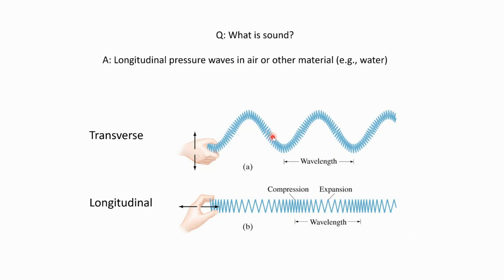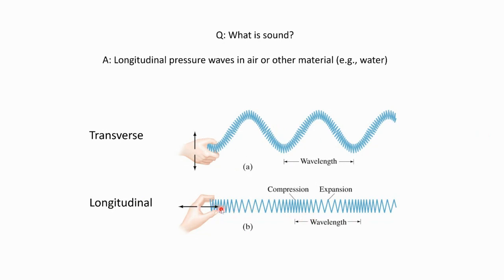That's transverse because the slinky material moves in a direction perpendicular to the direction of the waves. So if you make a pulse, the pulse moves to the right, but the chunks of slinky move up and down instead, so perpendicular. A longitudinal wave, however, is like this.